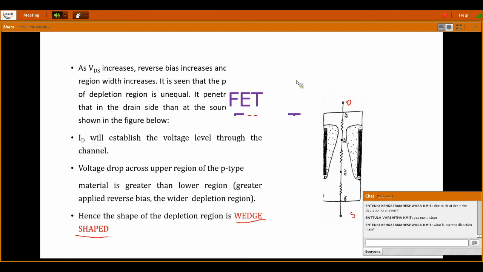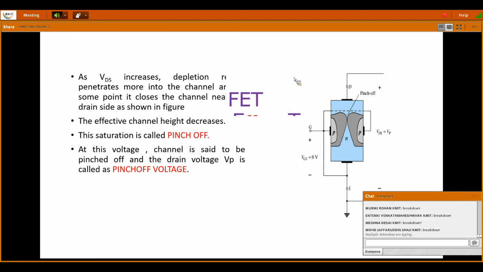Okay. Now I want the answer for this question: if I still increase VDS, what happens? Before breakdown, yes, your answer is correct. Breakdown will occur, but before breakdown, there is another small point here where the two depletion layers touch each other. Okay, see this diagram.